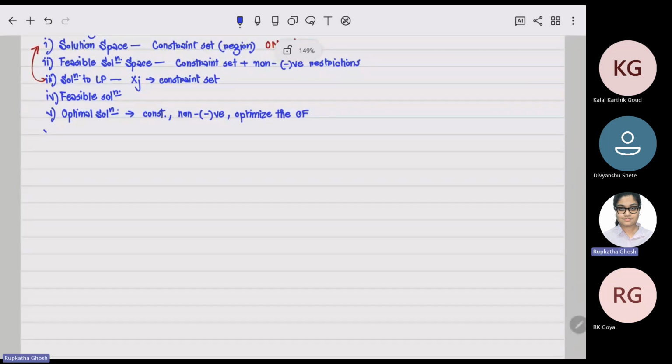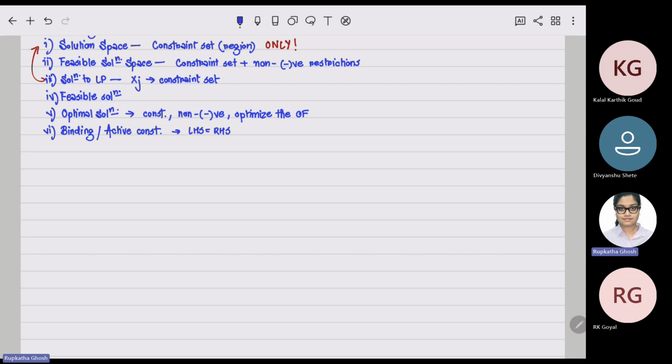Okay. Next we have binding, or we call them active constraints. A constraint is binding if the left-hand side and the right-hand side of the constraint are equal.